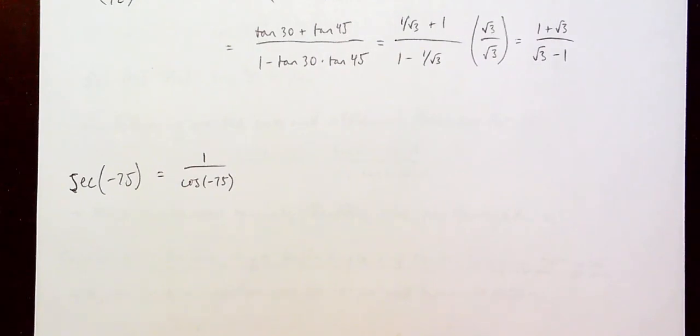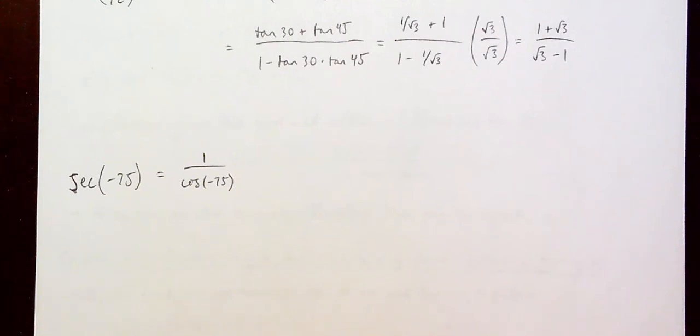And now I'm going to pull a clever little trick to make this a lot easier. At this point, you may be thinking, what are two nice angles that will subtract out to negative 75? And you're going to be thinking for a little while as to what those two angles are. But think back several videos. We said that the cosine function was even.